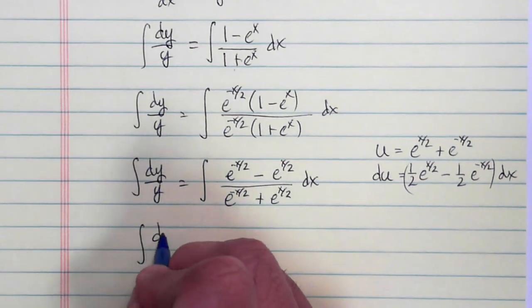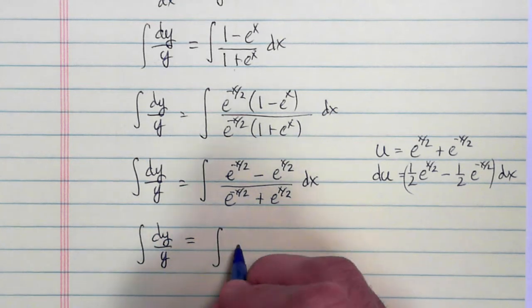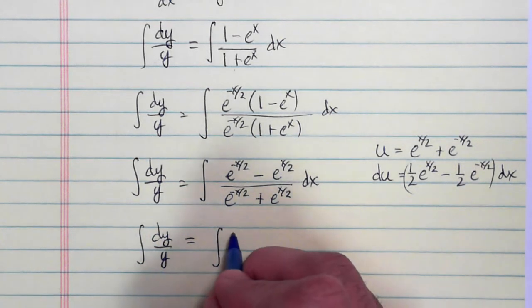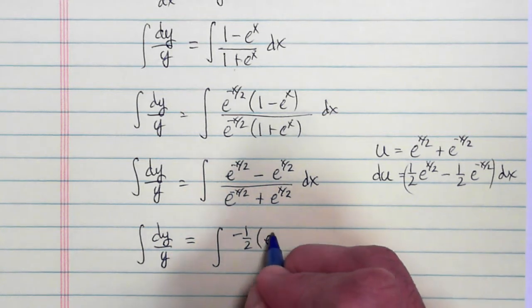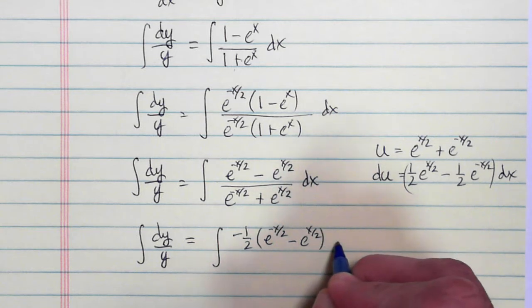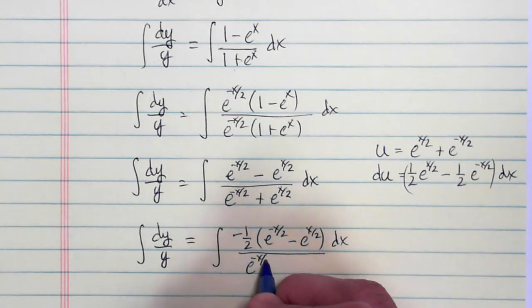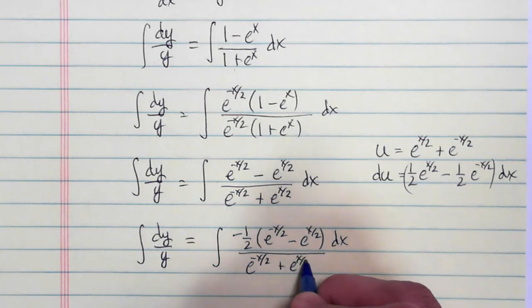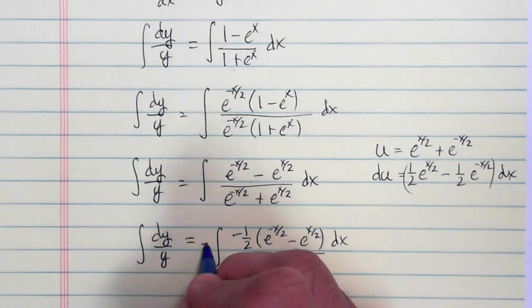So the integral of dy over y equals the integral of, let's multiply this by negative 1/2, e to the minus x over 2 minus e to the x over 2 dx over e to the minus x over 2 plus e to the x over 2. And of course, if I do that, I need to multiply by negative 2 on the outside to compensate.